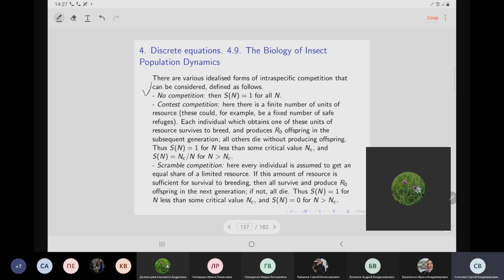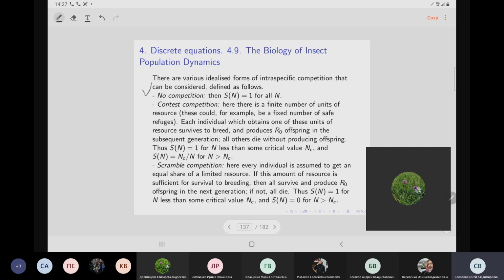No competition. But usually in real life, we always see some competition. That's why it is just an idealization. Next one, contest competition. What does it mean? We can see the situation when there is a finite number of units of resources. For example, it is the fixed number of safe refuges, or something like this.